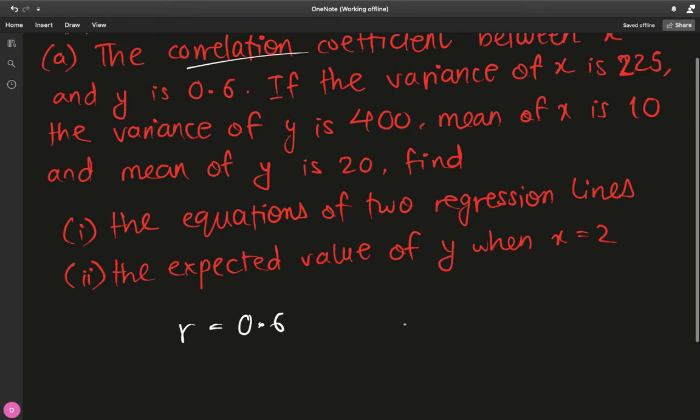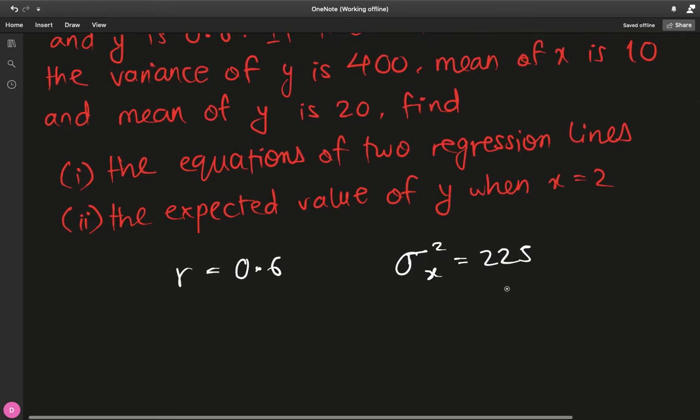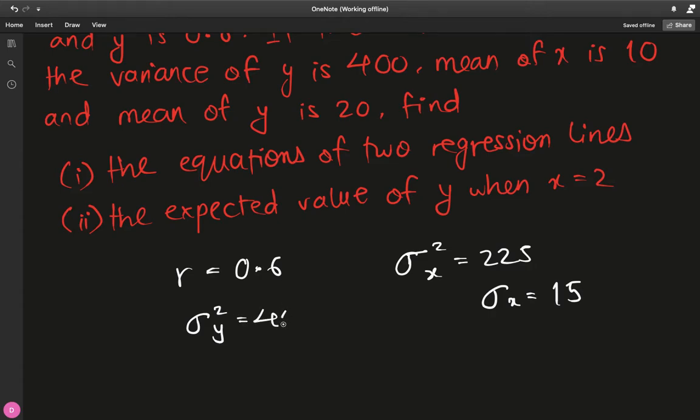Variance of x, and we write variance as standard deviation squared of x, is 225. So we can find the standard deviation of x because the standard deviation in this case will be more useful, which turns out to be 15. And we know the variance of y, so standard deviation squared of y is 400.